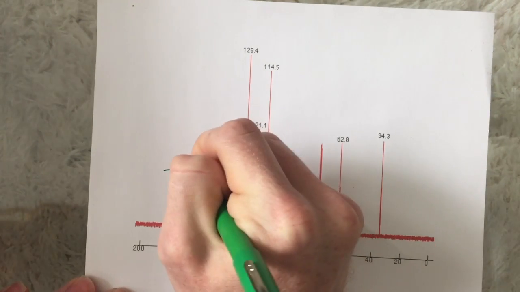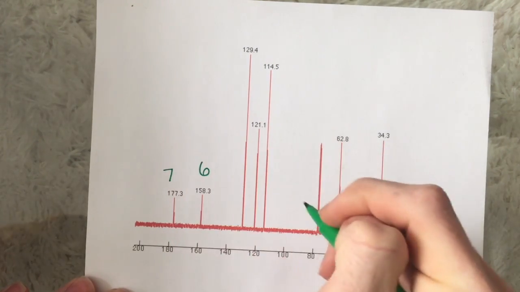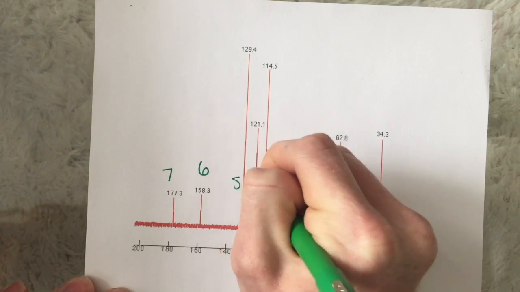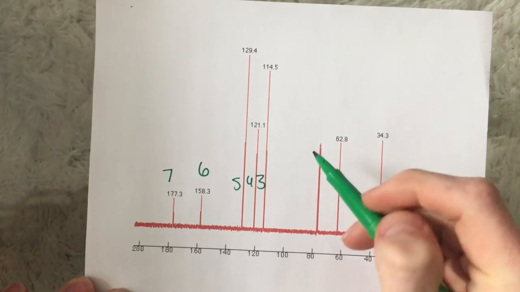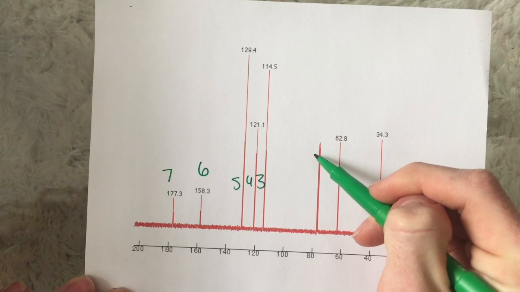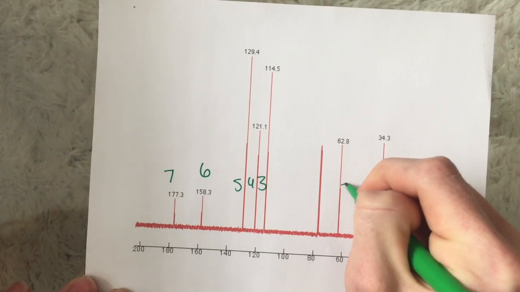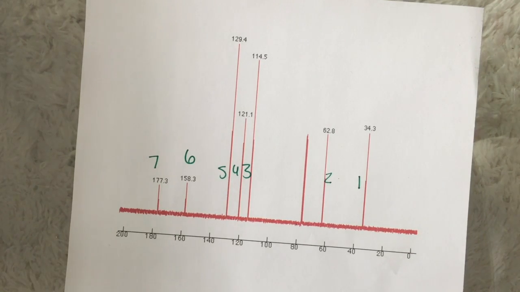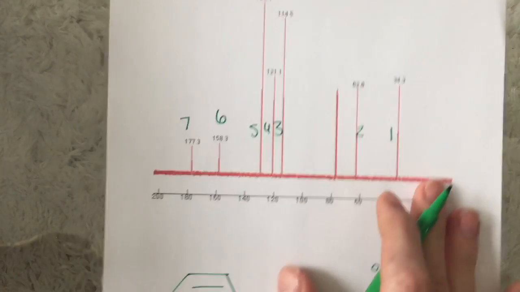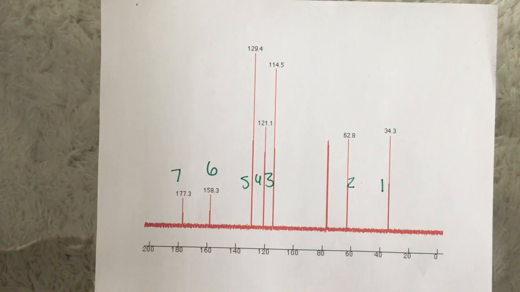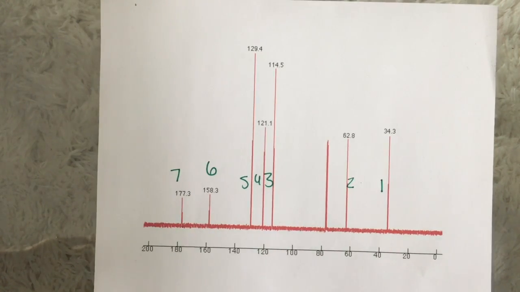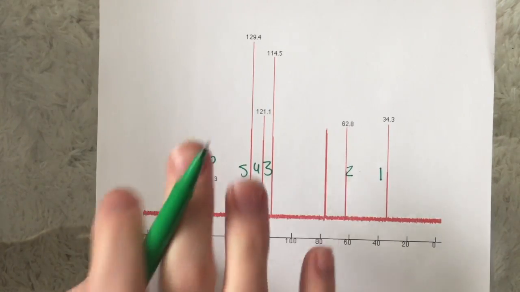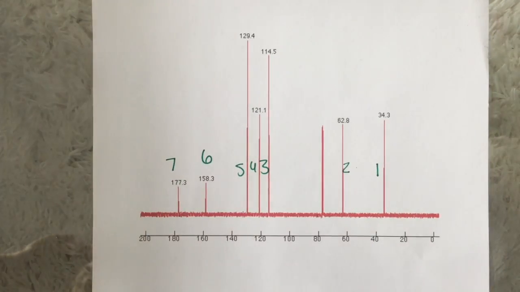So we're going to label this with 7, 6, 5, 4, 3, and we're not going to pay this one any attention. And we're going to do 2 and 1. Oh, I again misspoke. The peak furthest downfield this way is going to be the most de-shielded, not delocalized, de-shielded.